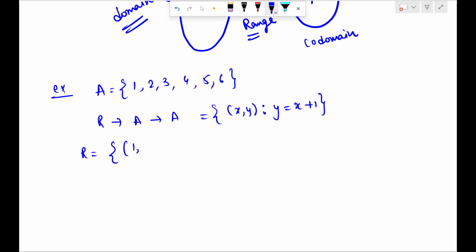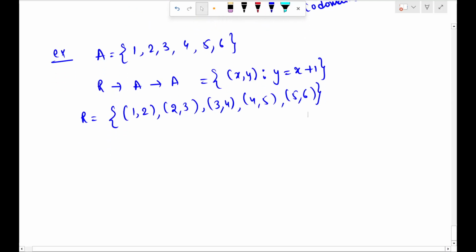We have 1 comma 2, 2 comma 3, 3 comma 4, 4 comma 5 and 5 comma 6, and that's all. So this is a relation from A to A where y is equal to x plus 1.